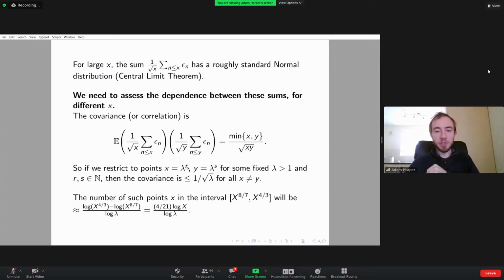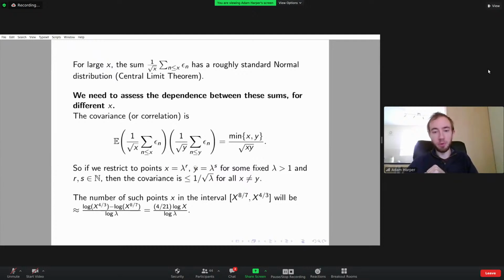And if you decide just to look at points of the special form of powers of lambda, for some fixed lambda bigger than 1, so look at some kind of geometric sequence of points. Well then, if x and y are of this form and they're not the same point, then whichever one of them is bigger must be at least lambda times as big as the smaller one.